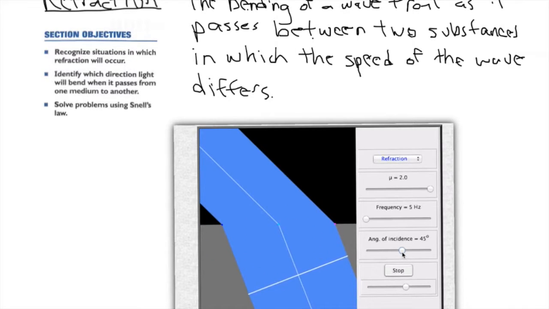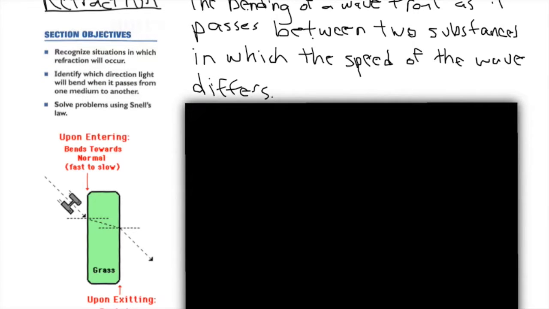Now, why would the light ray bend like that? Well, I have another analogy to help you visualize what's happening when something's refracting. If you've ever mowed a yard in the summer, you've probably experienced this. As you push the lawnmower on cement where it moves quickly, you approach the grass.